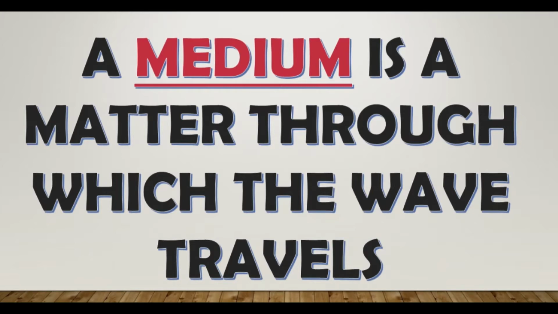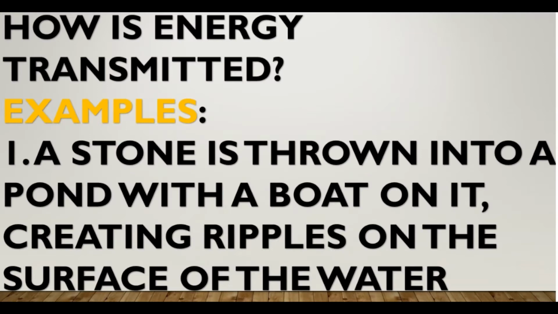Now let's try to identify the medium in the following scenarios, and take note that the following slides will point out that there's energy transmitted when waves are created. A stone, for example, is thrown into a pond with a boat on it, creating ripples on the surface of the water.